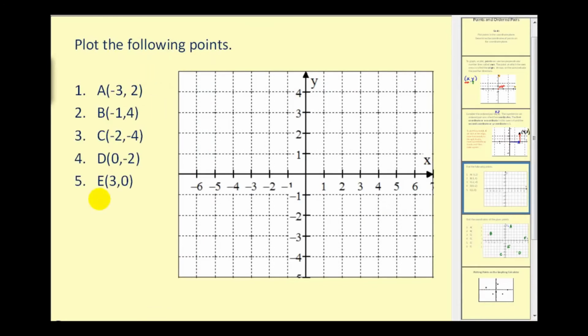We want to plot the following points, and again I think it's helpful to think that the x-coordinate tells you whether to go left or right, and the y-coordinate tells you whether you need to go up or down based upon the sign.